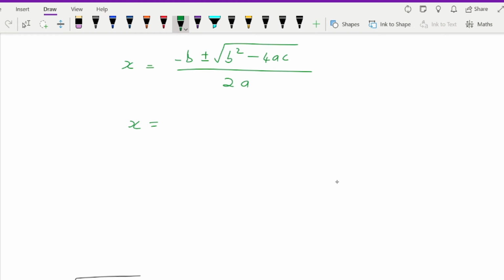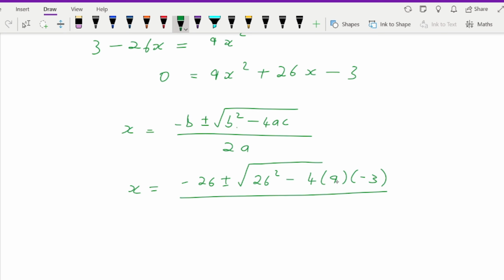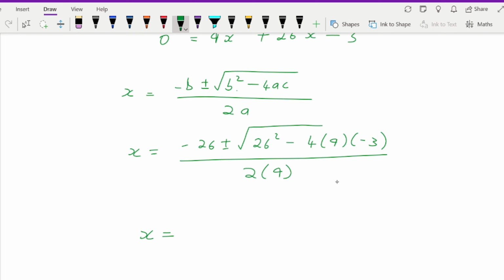So x is going to be, our b is 26, so negative 26 plus or minus the square root of 26 squared minus 4 times a, which is 9, times c, which is negative 3. All of this is divided by 2 times 9.